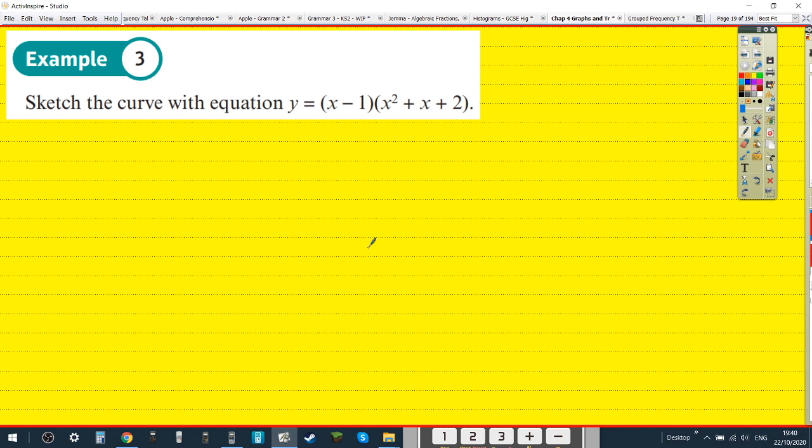So it would be written out as x equals 1, and then the other one would be... So the first one would be x equals 1. First bracket.